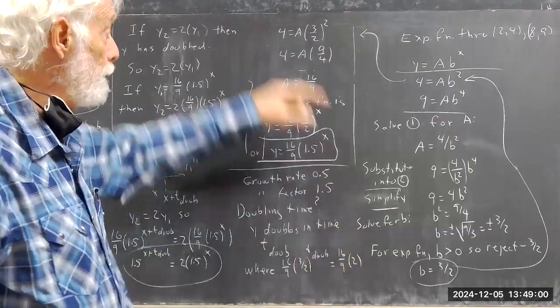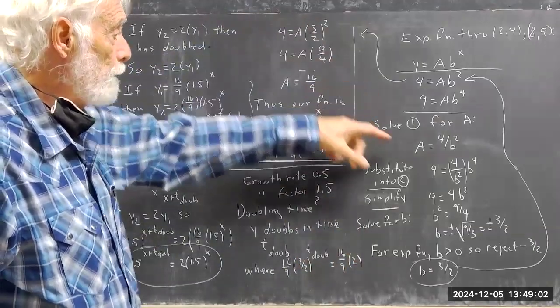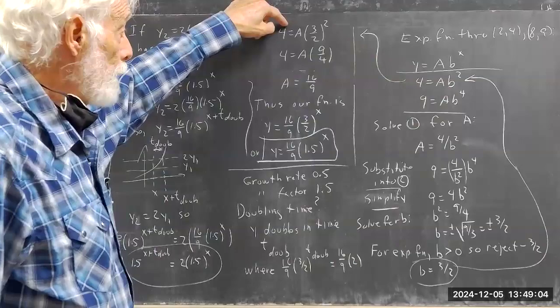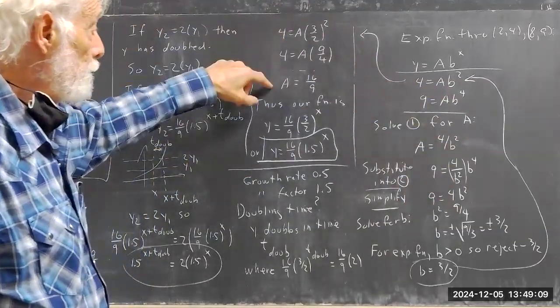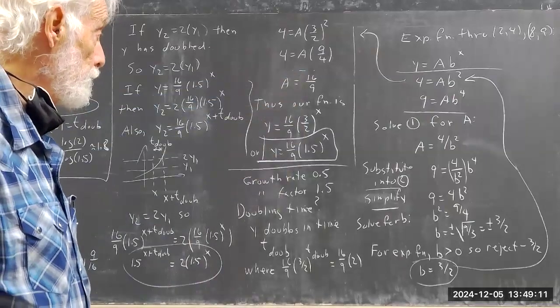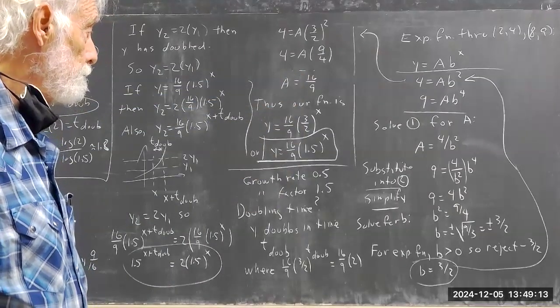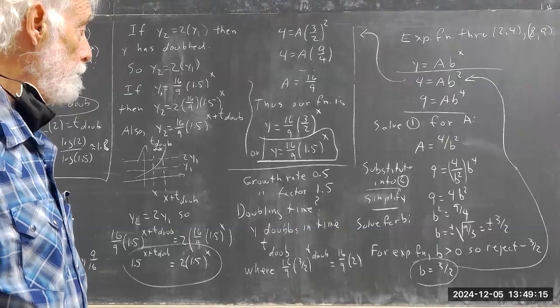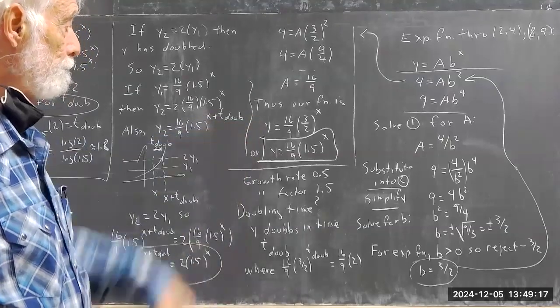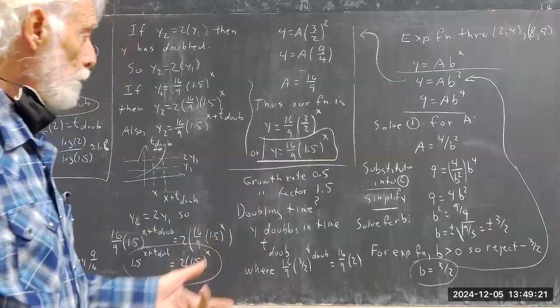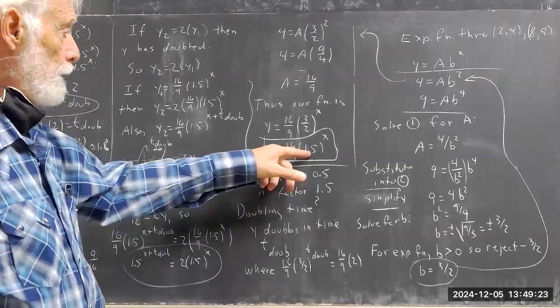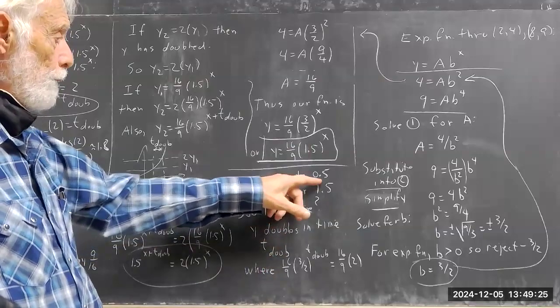Well, there's b. There is your first equation where you put in b, and it gives us this. Then we solve for a, we get 16/9. And there's our final function.